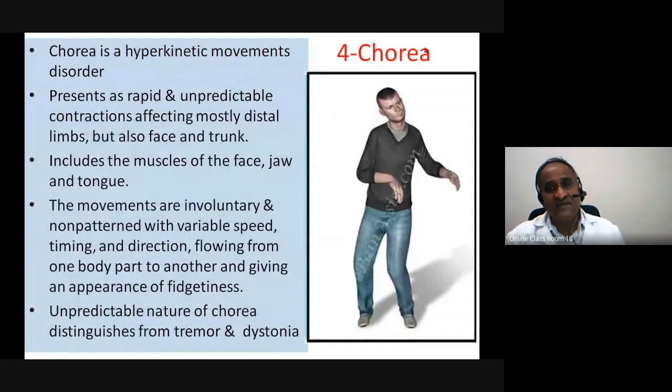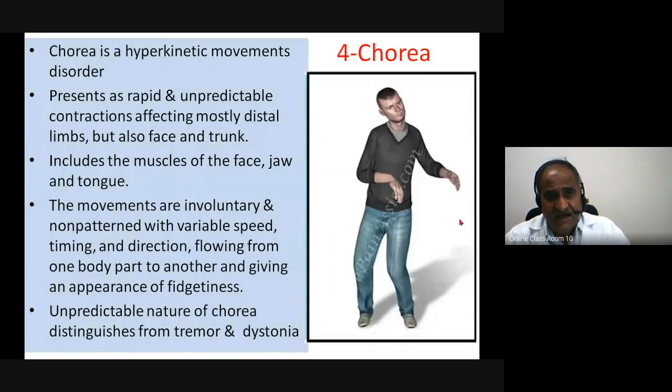Then chorea. This is a typical chorea movement. You just see that these are not patterned. He may have, look here, the limbs here, and this limb, the neck, this side, and the lips, and the tongue, and the eyes. So this is a totally disorderly array of movements. These are hyperkinetic movements.